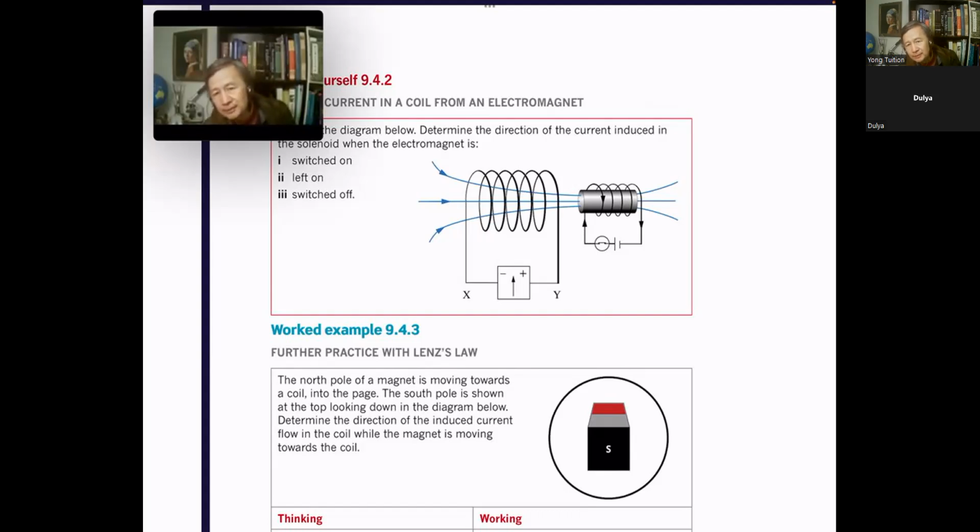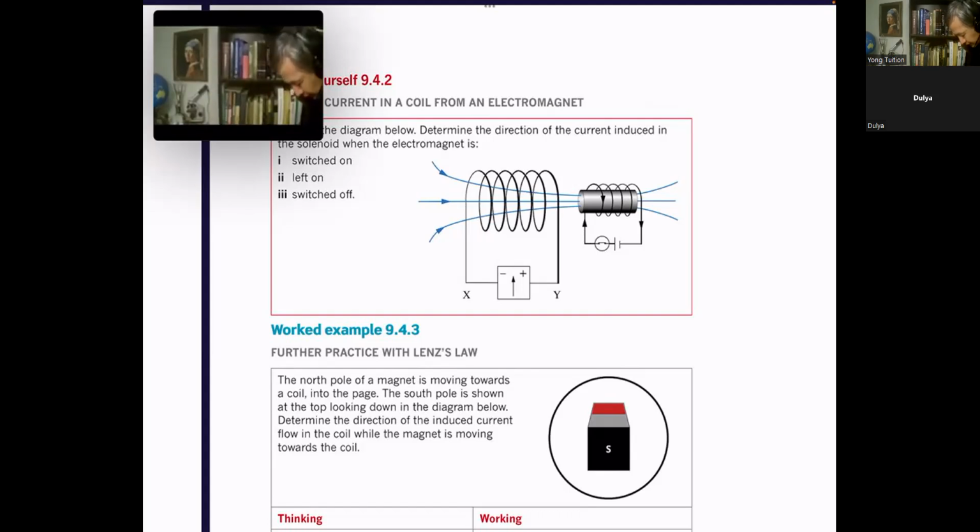Yeah. From zero, from nothing to something. Does the field change, decrease or increase? When the current is switched on, yes, it increases. At the very beginning, at the first few moments, does the field change?